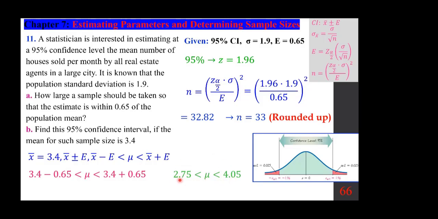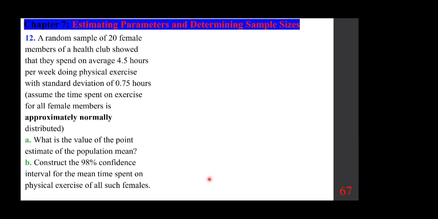So one more time. We are 95% confident that the true population mean is between these two values of 2.75 and 4.05.